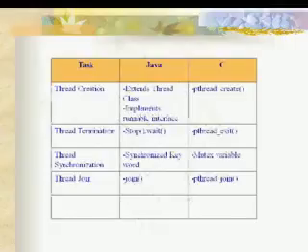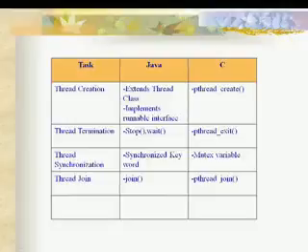Let's compare and contrast Java threads versus C threads. First of all, let's look at how we create threads in both cases. In Java, we have two ways of creating threads: one is extending the Thread class and the other is implementing the Runnable interface.